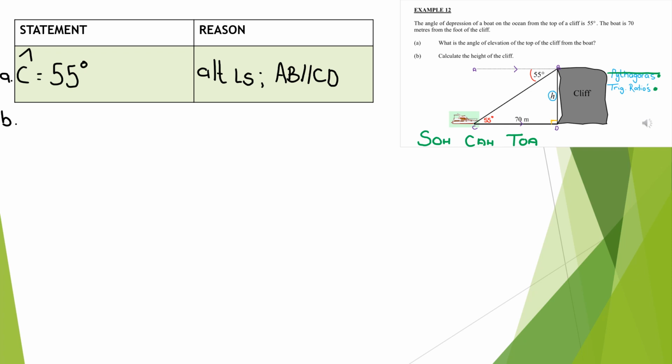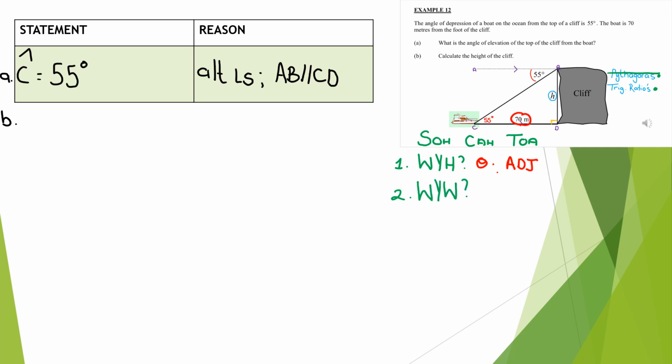And so the three questions we ask ourselves is, what do you have? You have two things. You have the angle and you have the adjacent side. Okay, the second question is, what do we want?